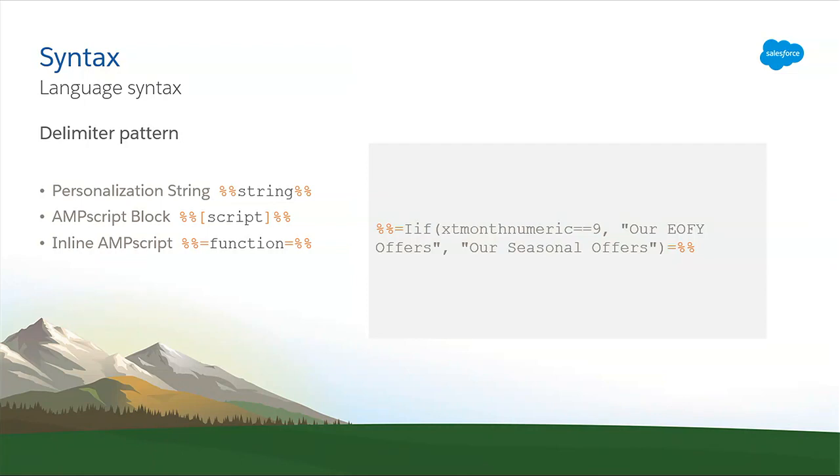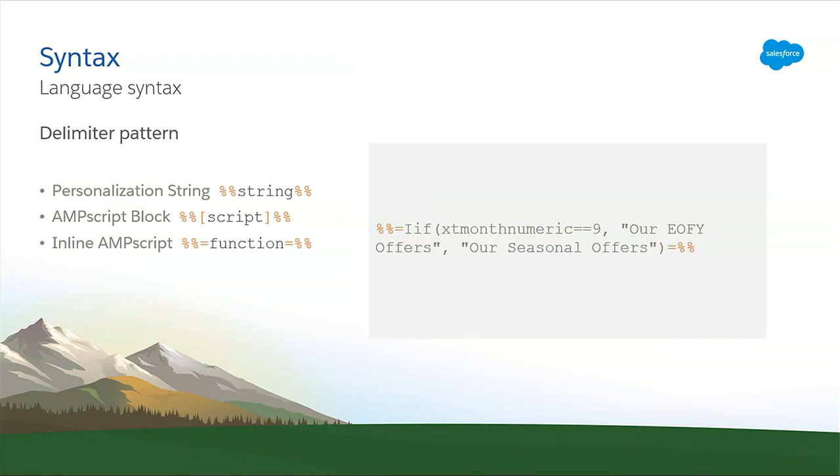The first parameter is a logical test. In this case, we're saying that the send month number is equal to 9. Then we're providing the value to display if true, otherwise the value to display if false. So it's effectively achieving the same as that AMPscript block we looked at previously.